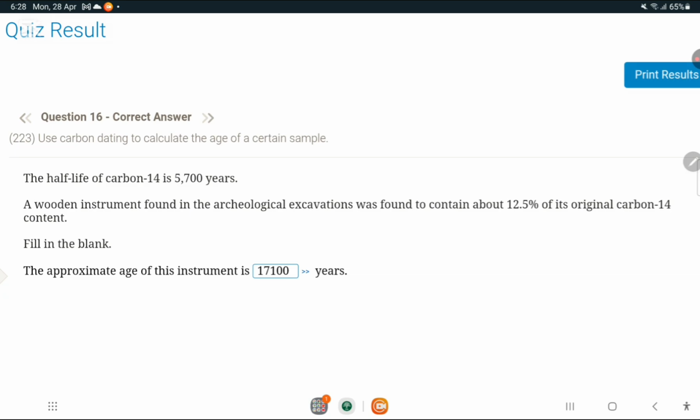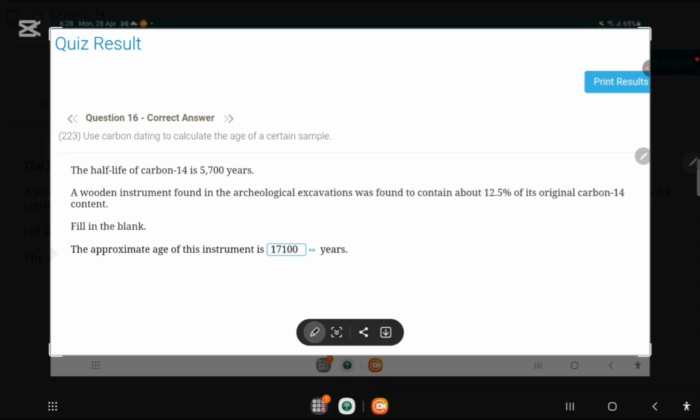They say here the wooden instrument was found to be 12.5% of its original carbon-14.